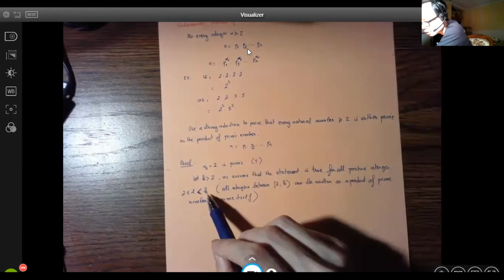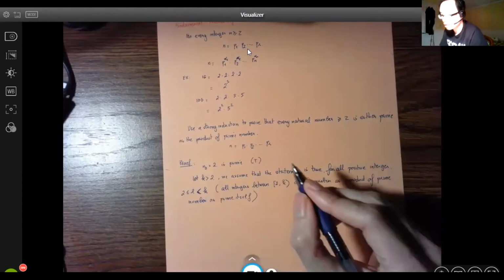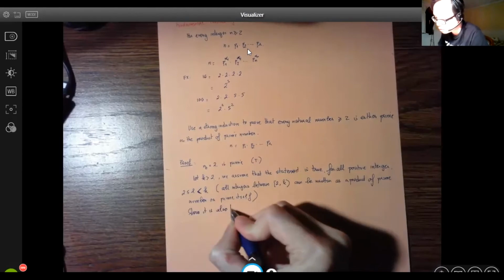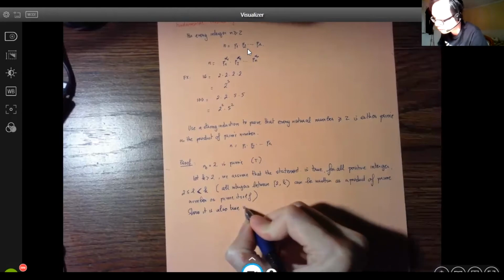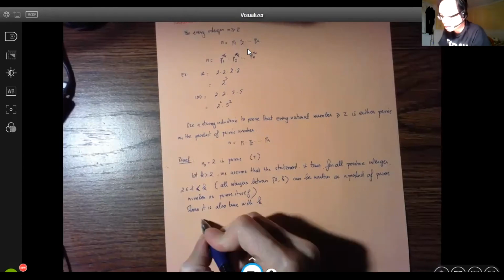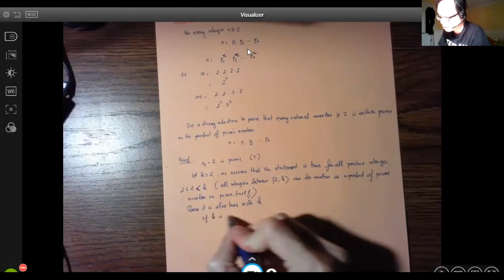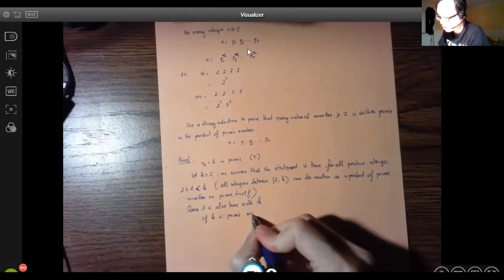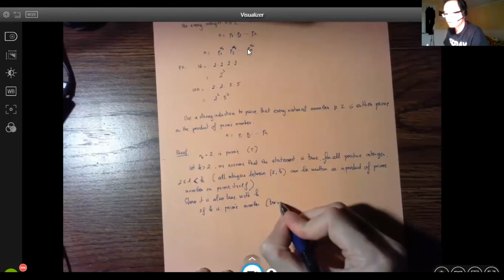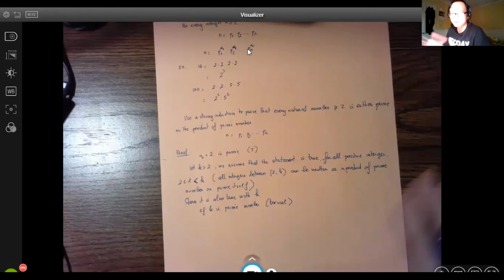But we need to show this is true for k as well. How are we going to do that? If k is a prime number, then it's trivial, because you can write it as a prime number, for example 2 as 2 multiplied by 1.